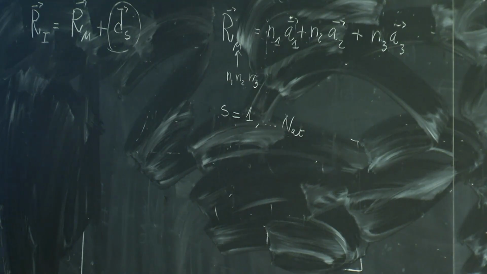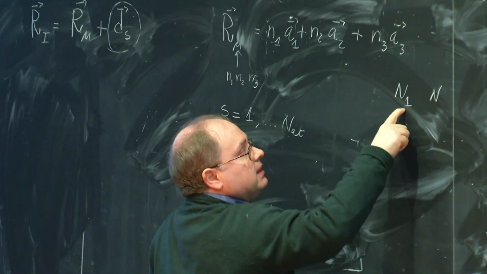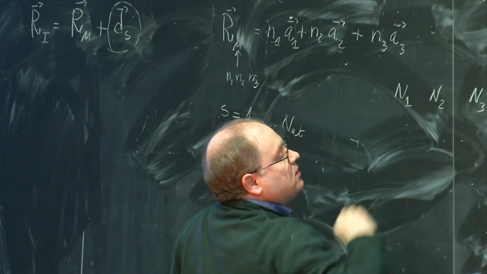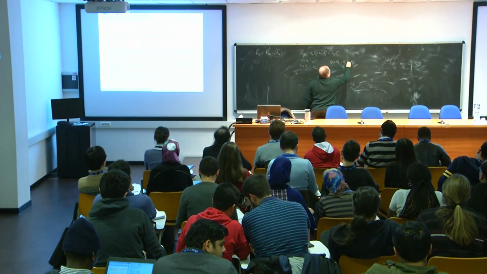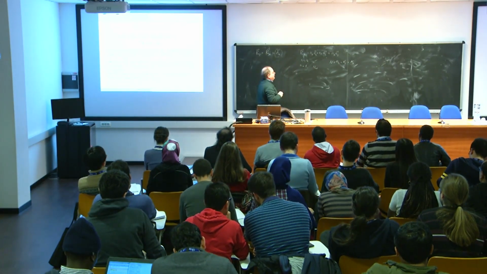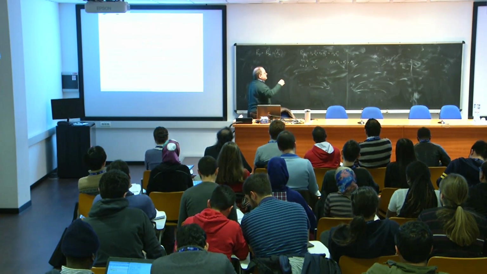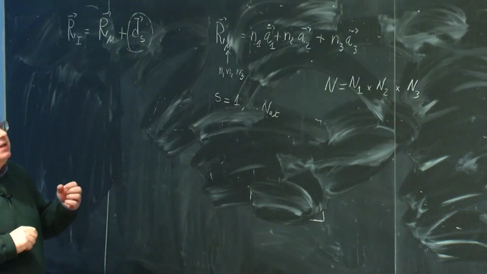These are also input coordinates of PW, and you know how to give the coordinates of the atoms inside the unit cell. Just to fix the idea, it is useful to focus on a subset of the solid. So consider N1 cells in the direction a1, N2 in the direction a2, and N3 in the direction a3, so that we have a total of N1 times N2 times N3 unit cells. And then we use Born-von Karman periodic boundary conditions. So what happens after N1 cells is the same as what happened in the initial cell.